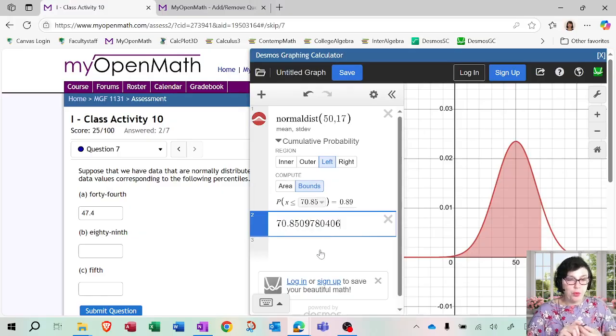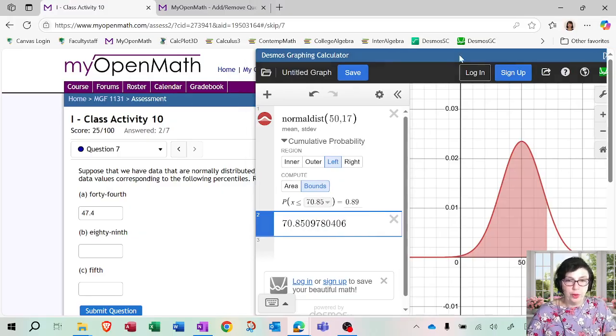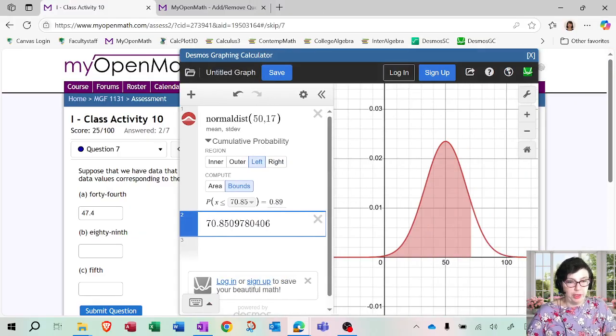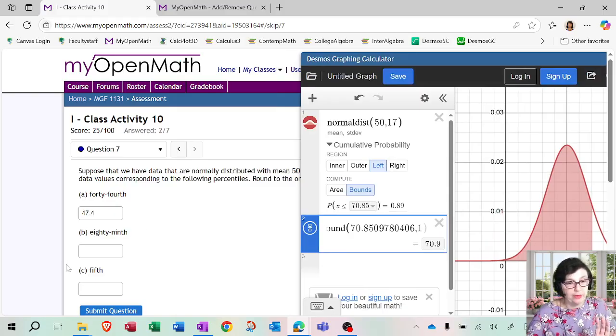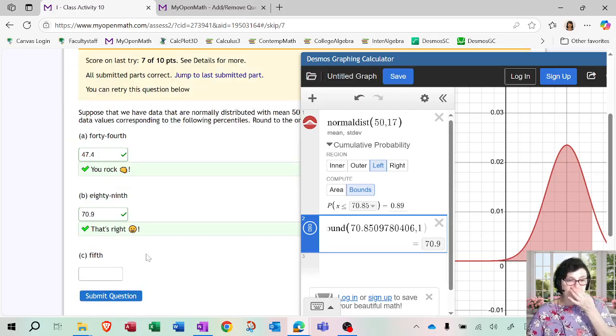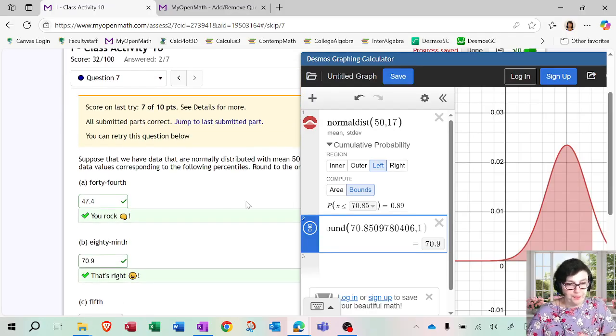And I will round that to one decimal place. So let's see, because sometimes because of rounding, you actually get this wrong. So it's actually, it says 70.9. So I'm just making sure that it's not going to round it incorrectly. Okay, so that's good.